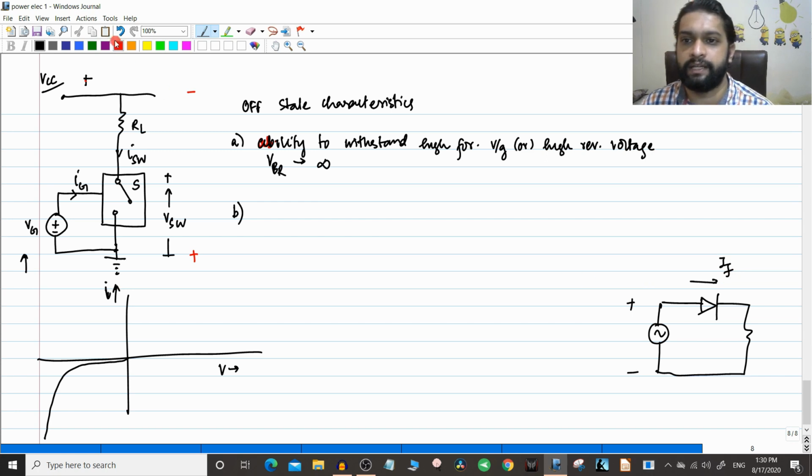So if this is the polarity, the current will flow in the opposite direction. Ideally the current will not flow because the diode will be open at that point. But there is a small current which flows in the opposite direction, which is also called as the leakage current. So what should that value be for an ideal switch? That value should be naturally equal to 0.